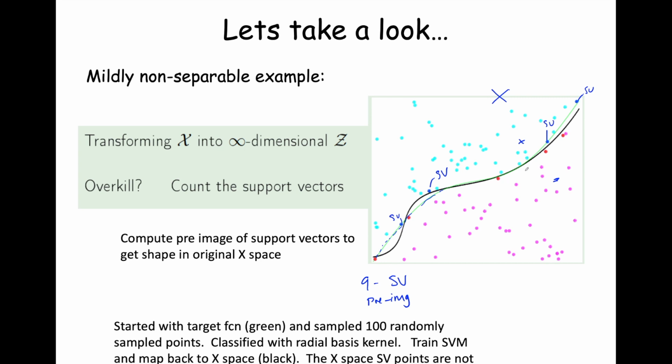And so we can get our hyperplane mapped back into X space by literally sampling a bunch of points in X space and then testing them against our hyperplane in Z space, seeing when it goes from plus to minus, and just drawing those points where we get that transition point.